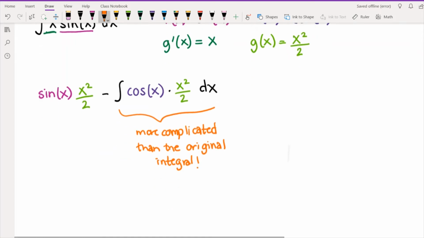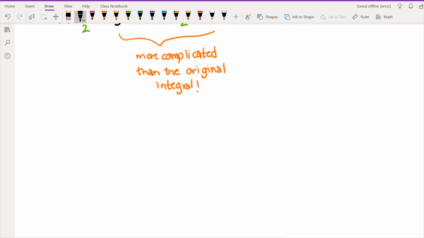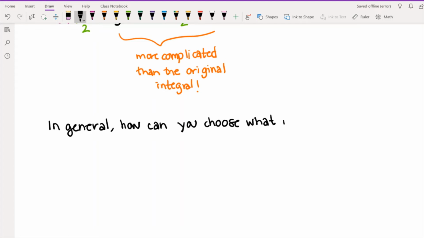So in general, what's some sort of good guidance for how you pick which is what? How can you choose what is f of x and what is g prime of x?